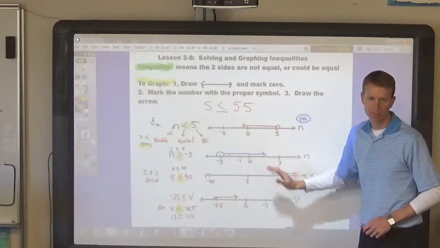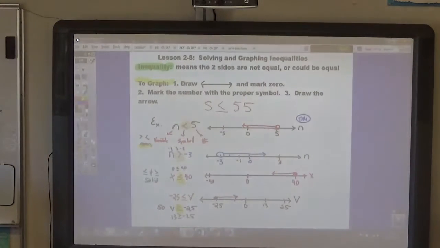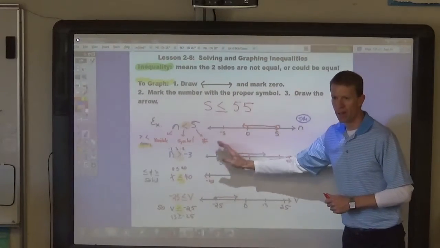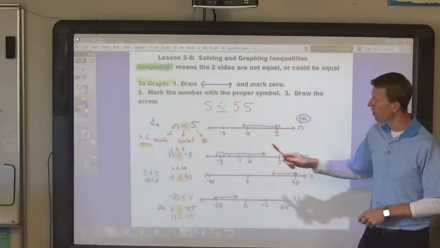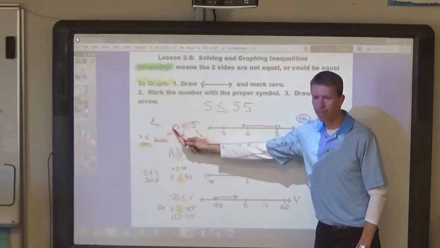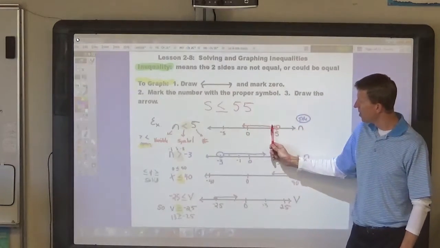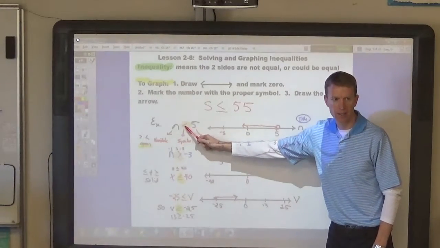Okay? So that's how you decide which dot to use. Now, how do you know which way to draw the arrow? Well, when the variable is written first in the inequality, then the arrow goes the same direction as the symbol is pointing.